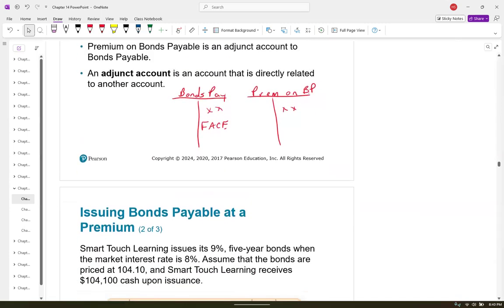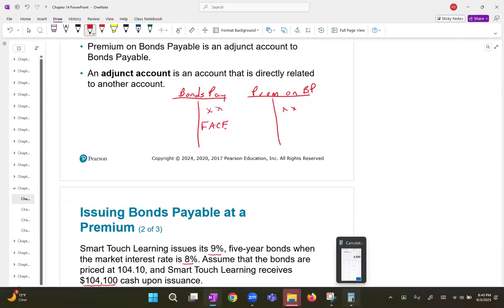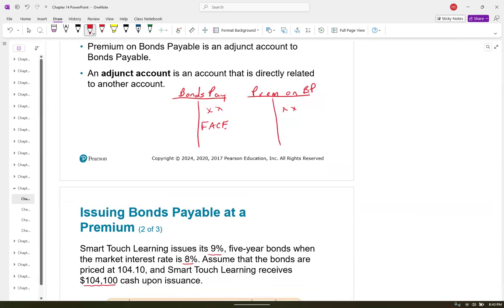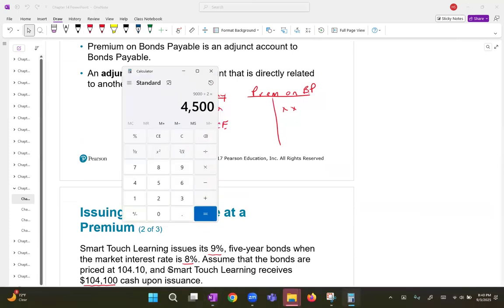And I'm just going to underline what are the face. So I see that's my face. So Smart Touch Learning issues 9% 5-year bonds when the market rate is 8%. We're going to assume that the bonds are priced at 104.10. That just means 104% of the face. Okay. They didn't tell us that in the previous one.